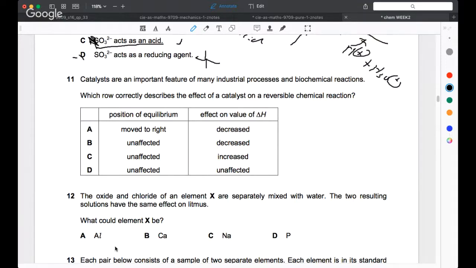Question 11. Okay, so it's not A because the position of equilibrium isn't changed. So it has to be from B, C, D. How does the catalyst change the entropy change of the reaction?